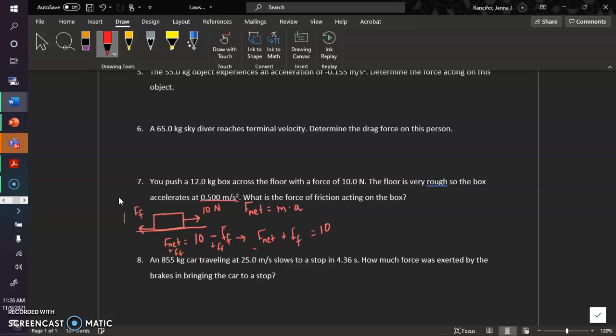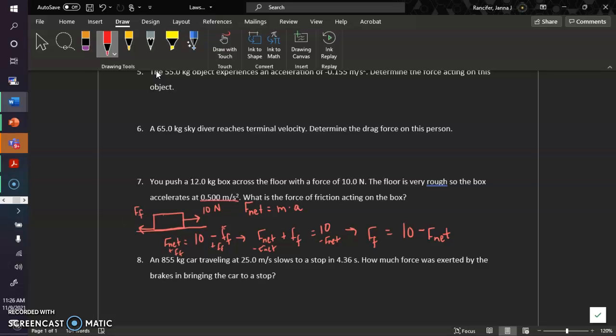And then I can subtract the net force from both sides of the equation. So the force of friction, FF, will equal the 10 newtons of push minus F net.